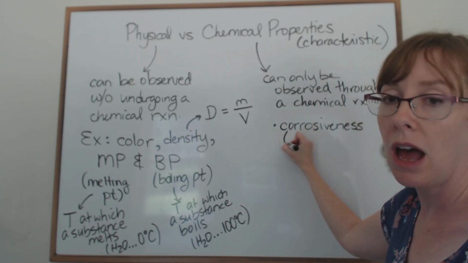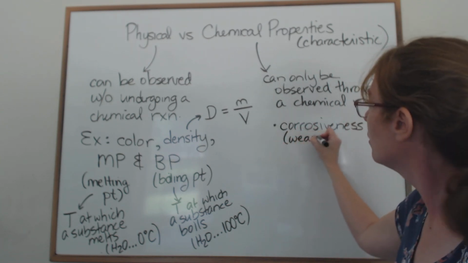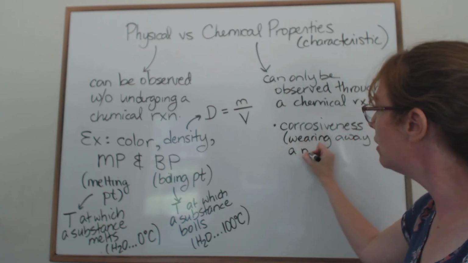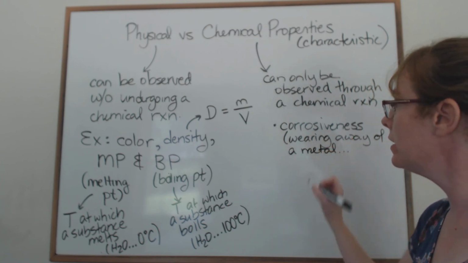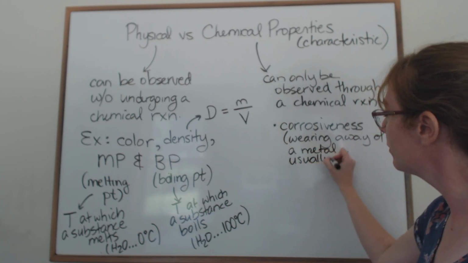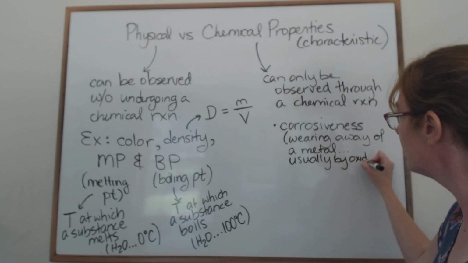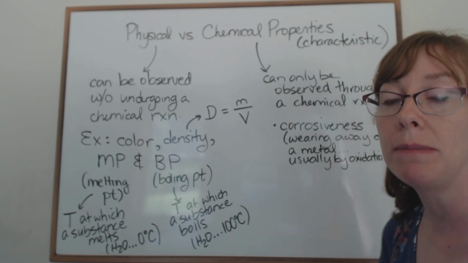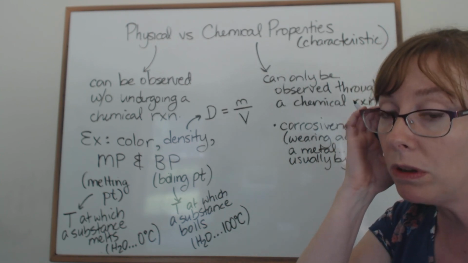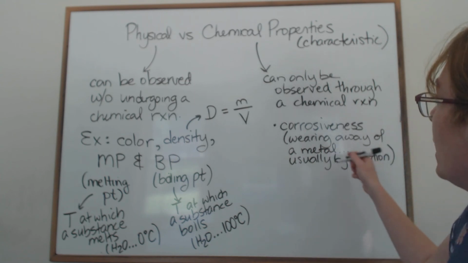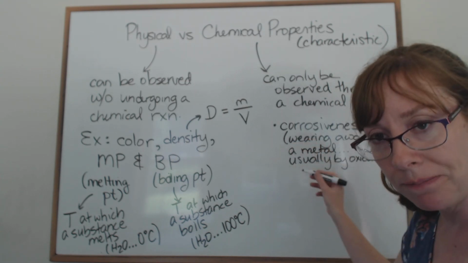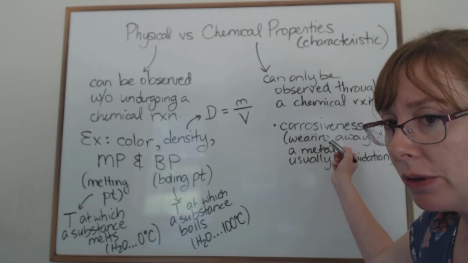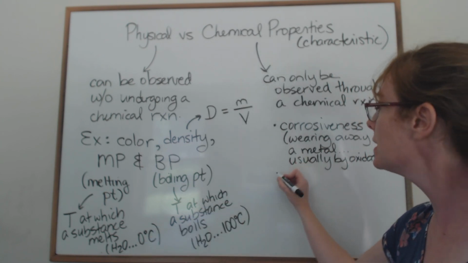Corrosiveness is basically the wearing away or the decay of a metal, usually by oxidation. Believe it or not, in a few more chapters, you will know what oxidation means. If you don't already know, we will teach what that is. It's a chemical reaction called a redox reaction. We will learn it later. But you're only going to know if a metal is corrosive if you see it corroding. That's the idea here.